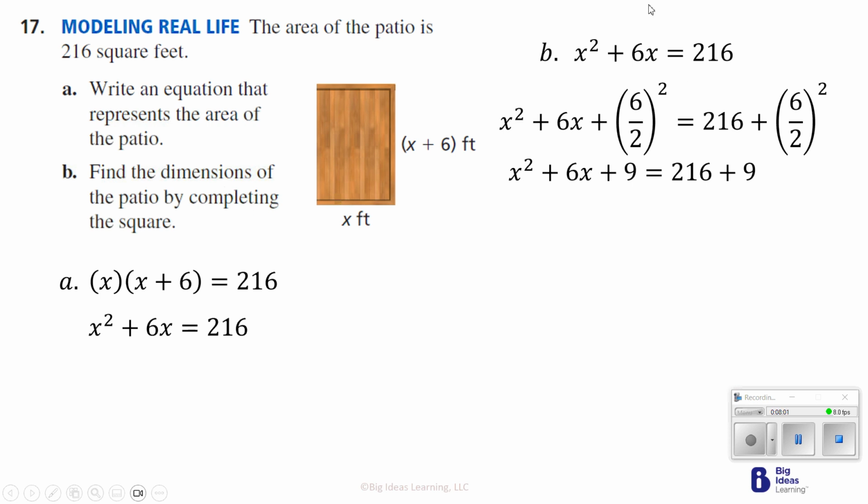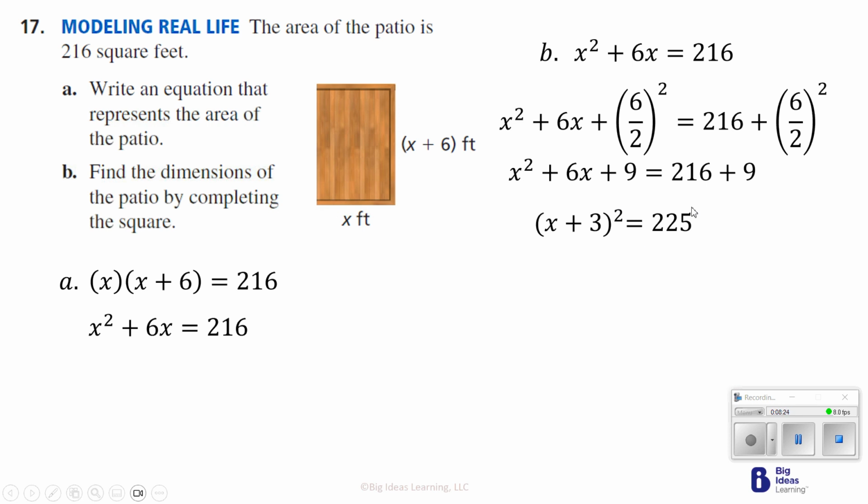Now it says find the dimensions. Once we have the equation and we found that perfect square, 216 plus 9 is going to be 225. And then we're going to have x plus 3 squared equals 225.